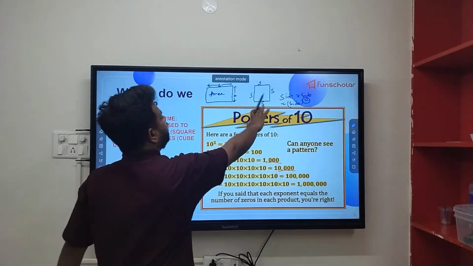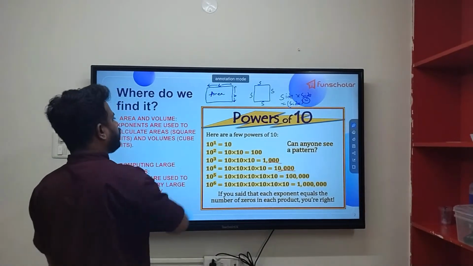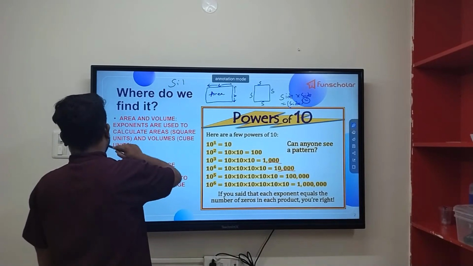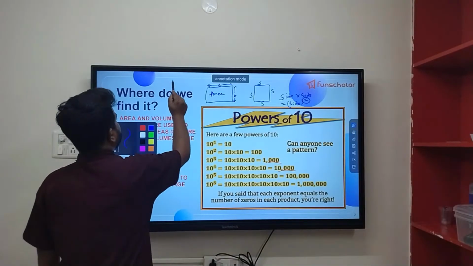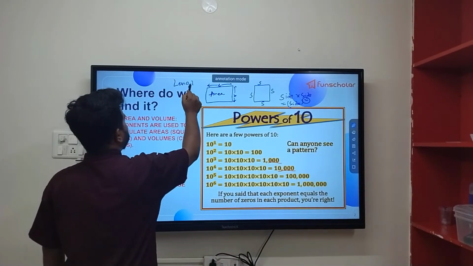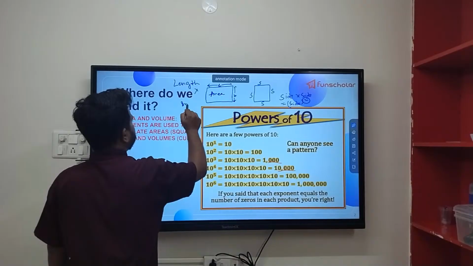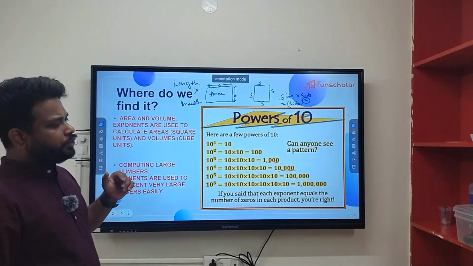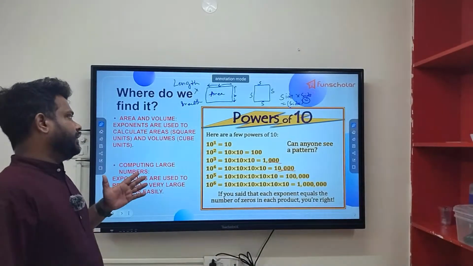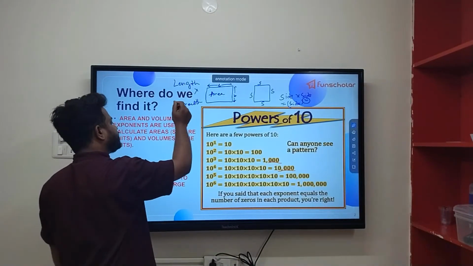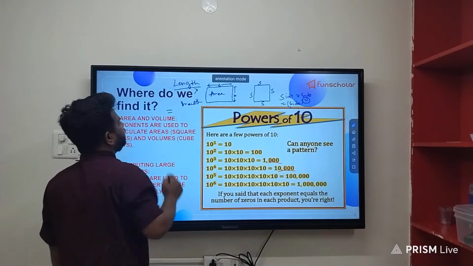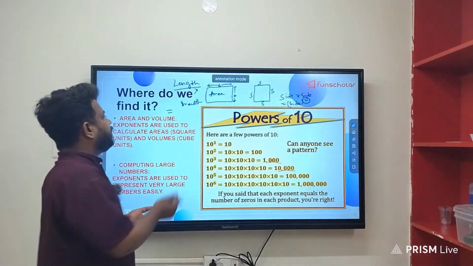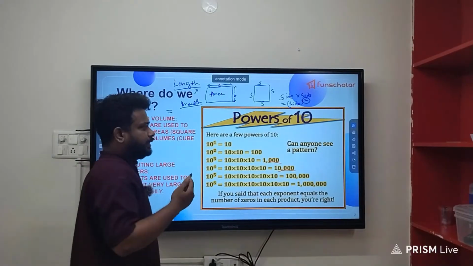It goes for the square, and if I talk about the rectangle, in a rectangle we usually calculate length into breadth to find the area. In this calculation, length is in centimeters, or whatever its unit is, and breadth is also a length.